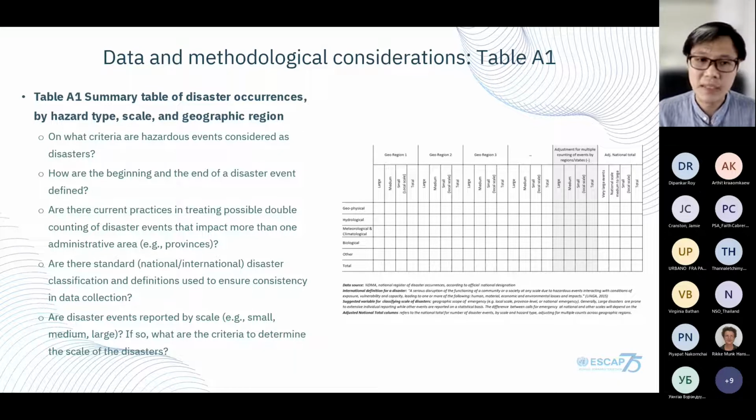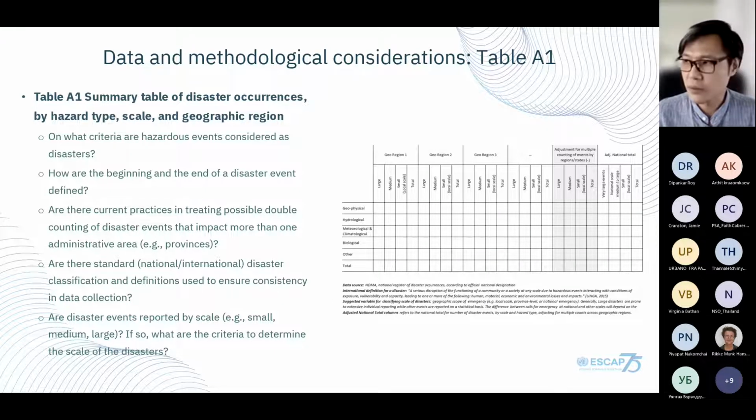Some are more difficult. And see if countries have current practices in treating possible double counting that we just discussed, in terms of the number of events that might impact more than one administrative region. And in terms of classifying disaster types, are there existing national or international classifications and definitions that countries currently use so that data are going to be consistent across time and space?